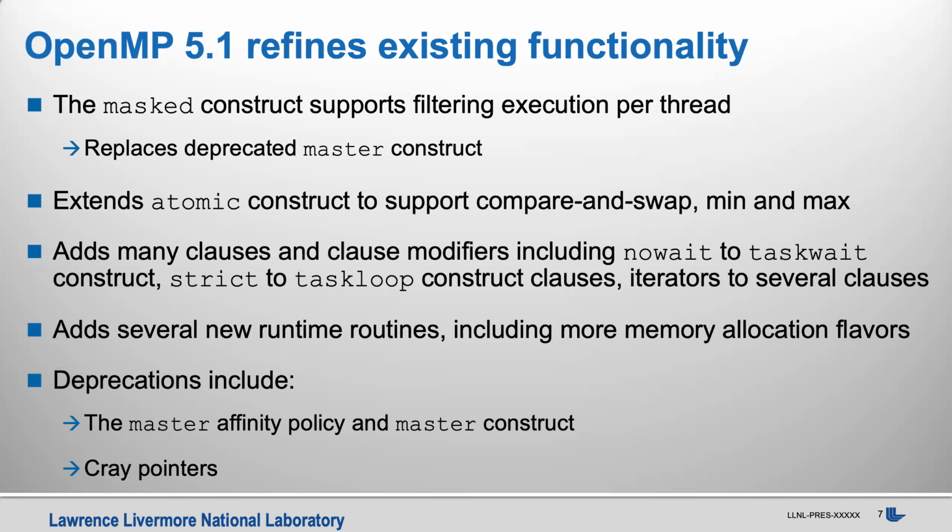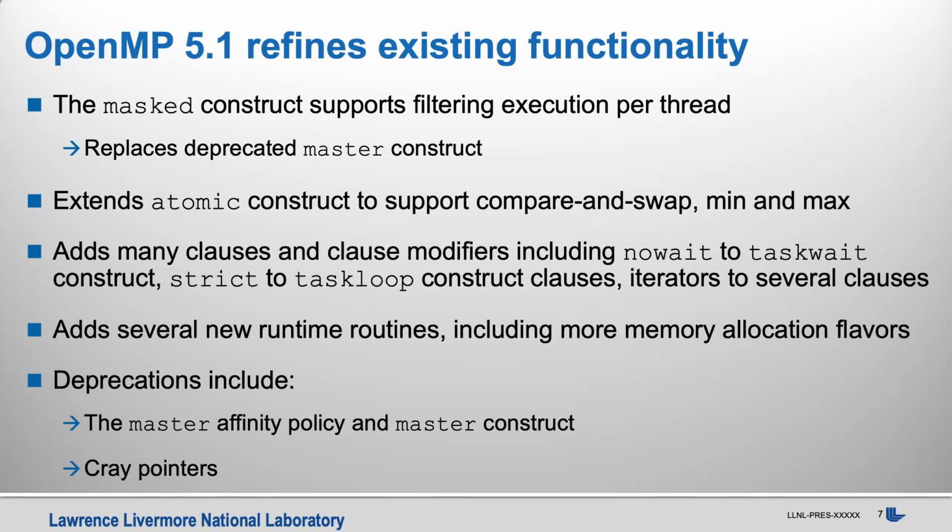All right, well, we could argue that some of those enhancements are refinements to existing functionality. We've got a few other ways that we've refined existing functionality. One in particular is the mask construct. So this is a new construct in some ways.